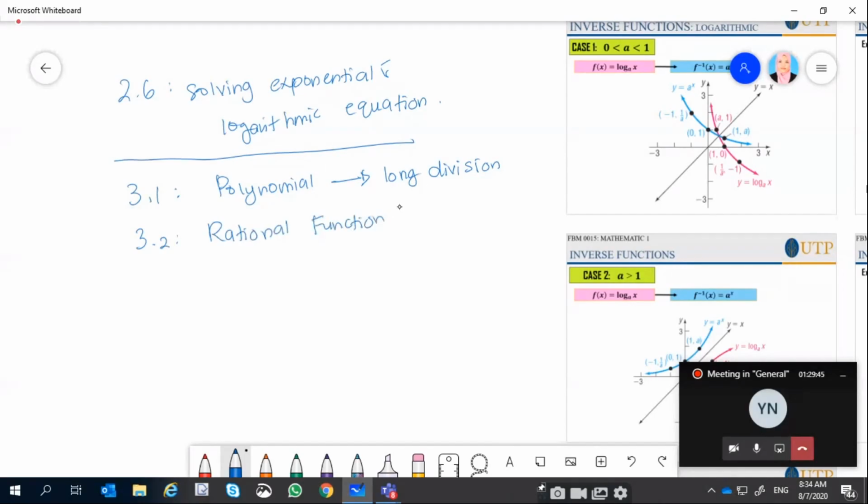In rational functions, you have to find domain, range, and asymptotes. And in 3.3, you have partial fractions.